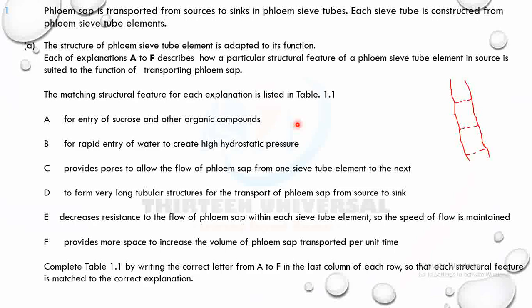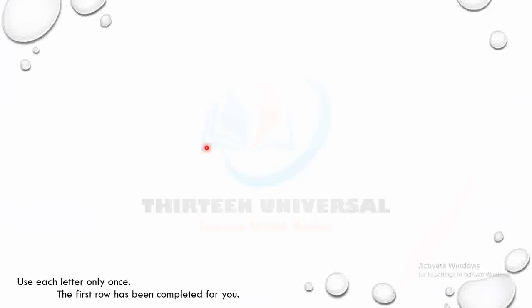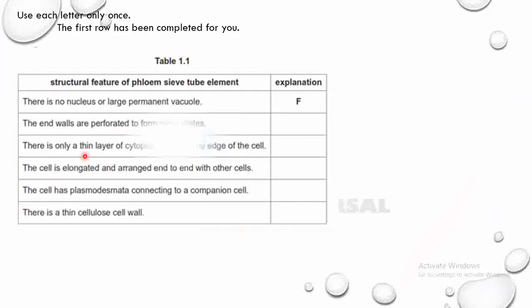Let's quickly go back, we didn't check it. Let's check the next one. The next one says there is only a thin layer of cytoplasm around the edge of the cell. So why do we have a thin layer of cytoplasm?